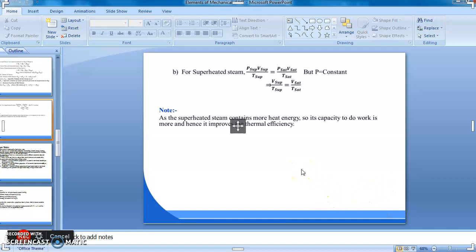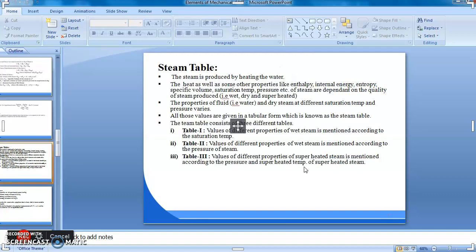The superheated steam contains more heat energy compared to dry saturated steam and wet steam. So its capacity to do work is more, and hence it improves the thermal efficiency, and that's why superheated steam is used for power generation in thermal power plants.